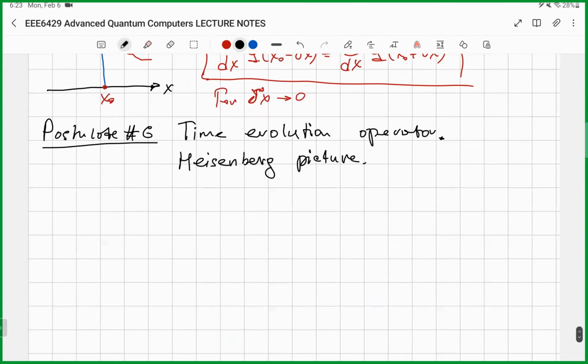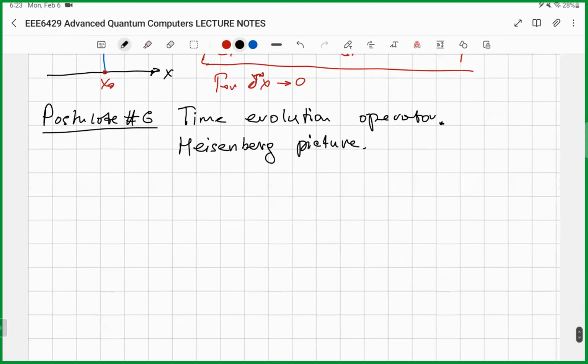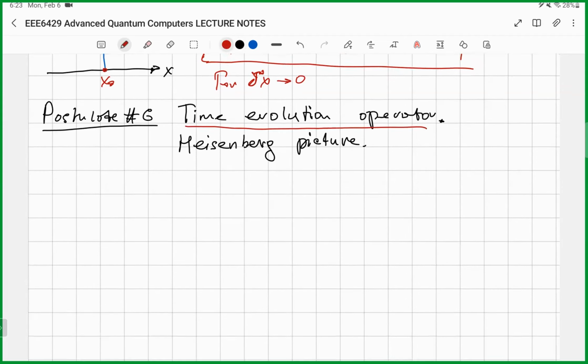And quite often, actually, this Heisenberg picture is preferable, or people use the modern Schrodinger picture. So let's start with the time evolution operator.